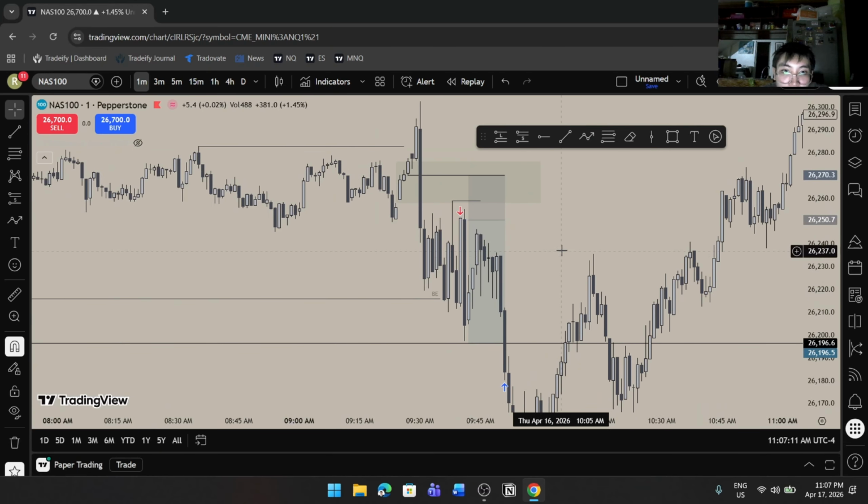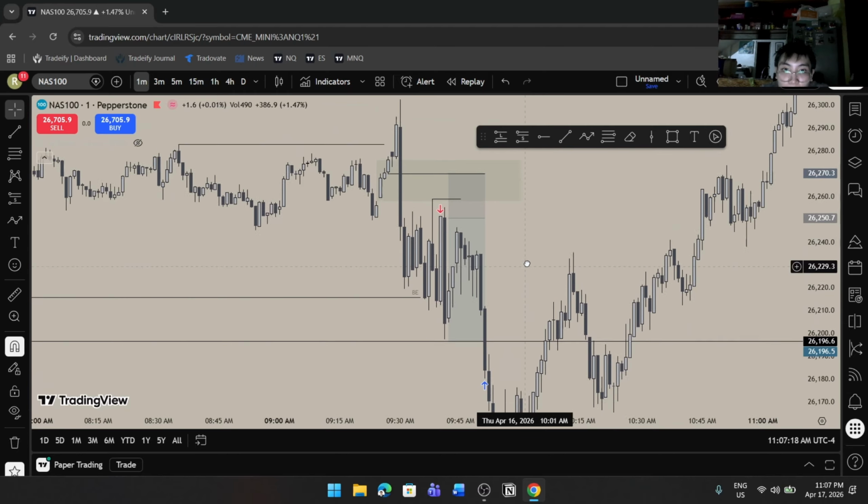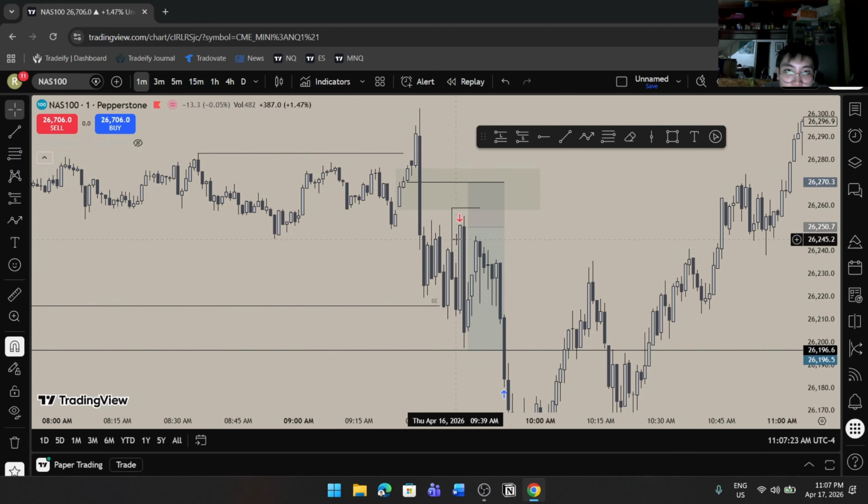I went to break even as soon as we got really close to our TP. If you actually saw here, I got the fill on this particular candle. I just literally went to break even as soon as this candle flipped.